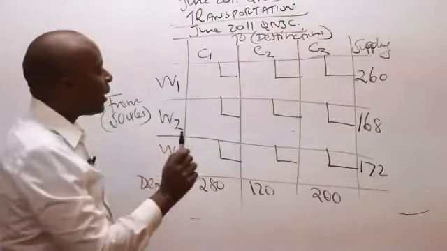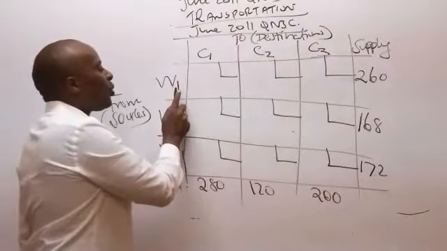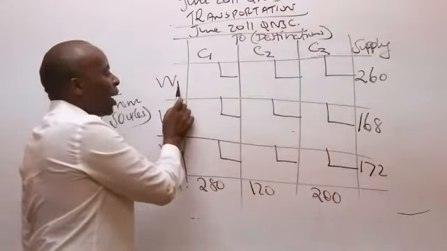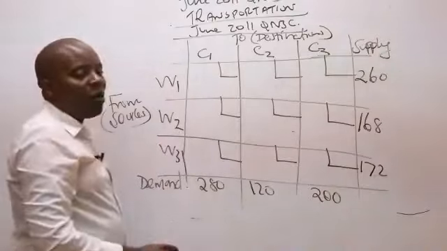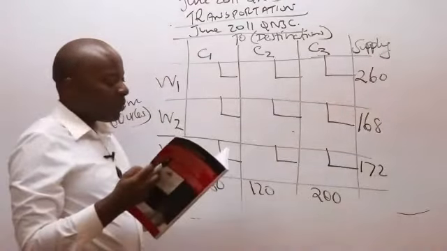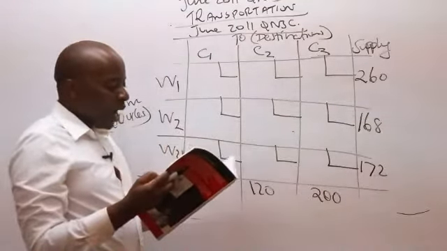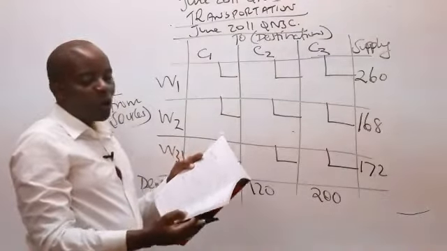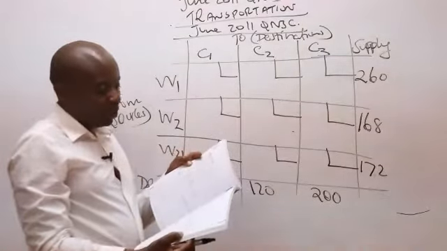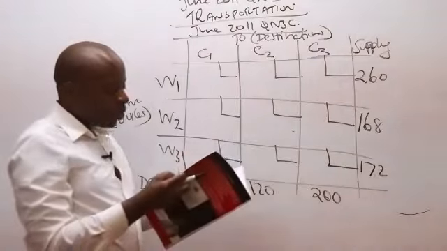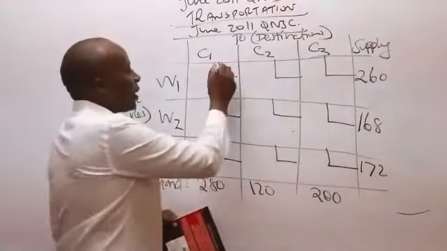Like now, how much does it cost us to transport 1 bag of rice from warehouse 1 to C1? I hope you are able to see the transportation cost per bag given on that table. Warehouse 1 to C1 gives us 100.